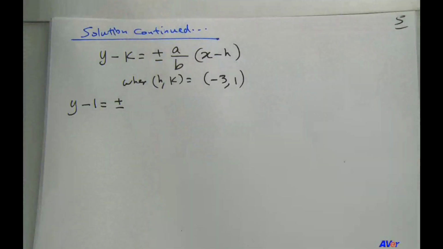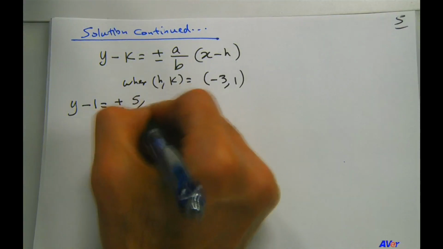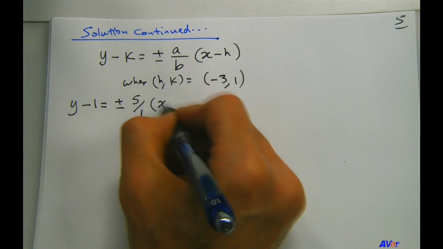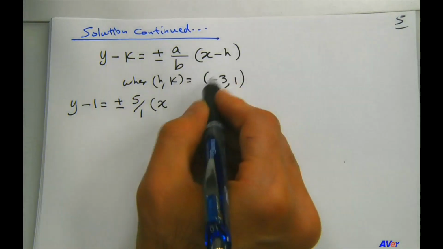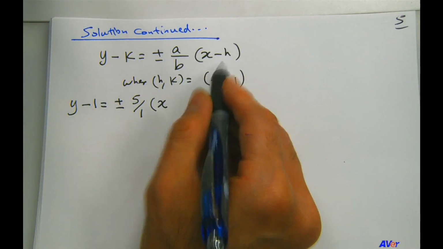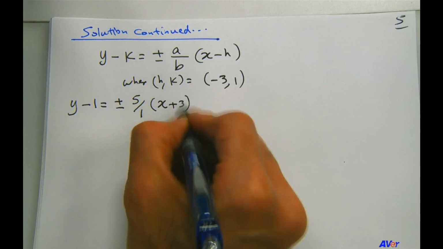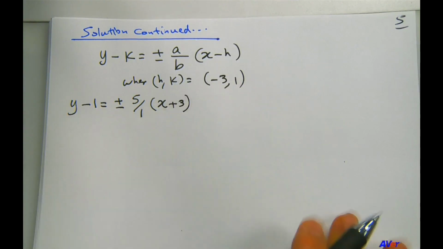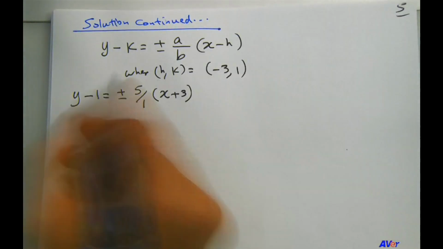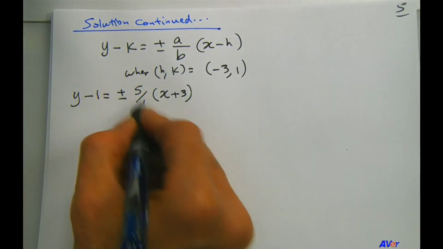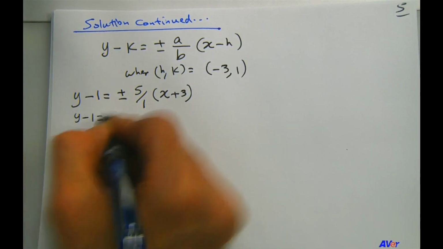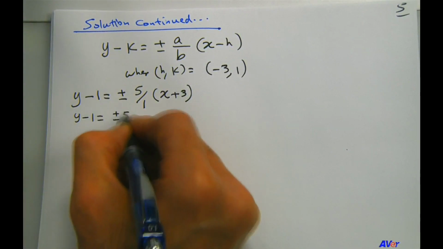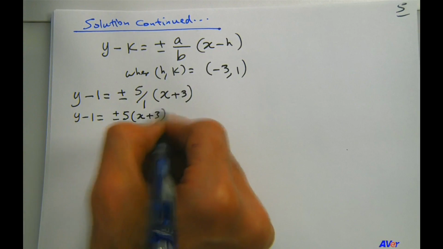So 5 over 1 times x minus h, so that would be plus 3, right? All right, so let's simplify this. So this would be just y minus 1 equals plus or minus 5 times x plus 3.